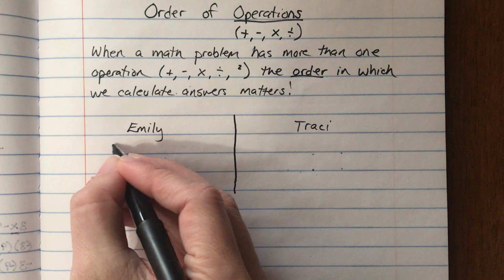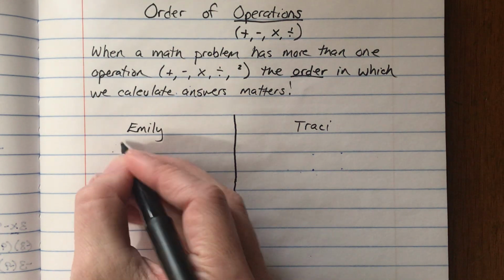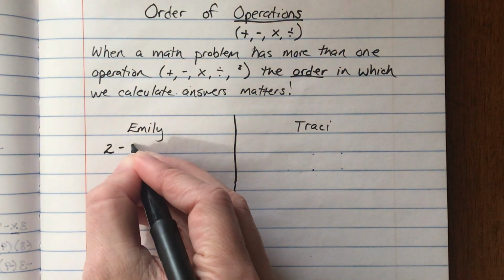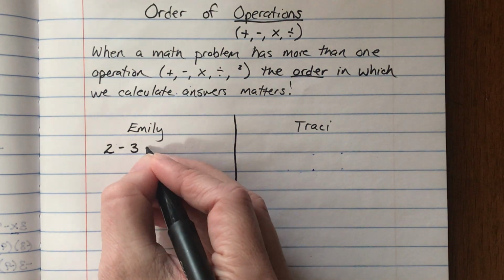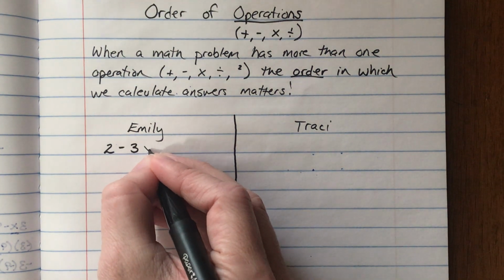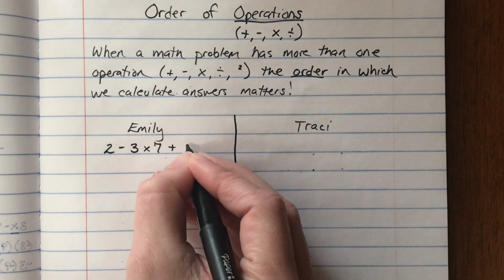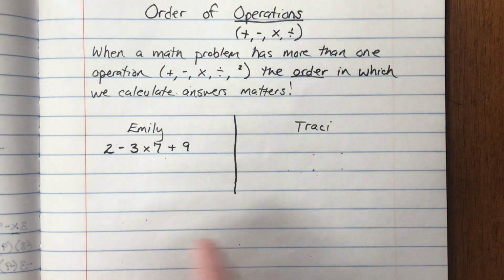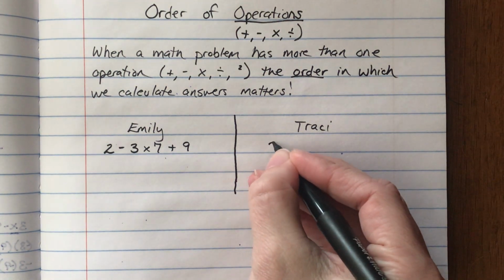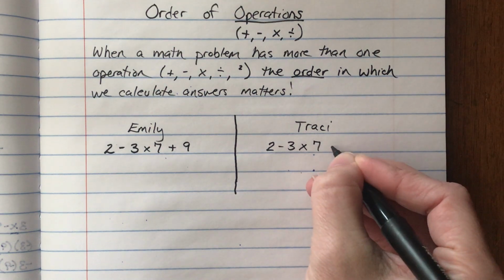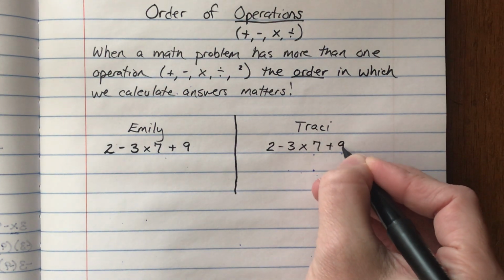Let's say that the problem is 2 minus 3 times 7 plus 9. All right, so let's say that they're working out this problem. So Tracy's going to work out the same problem. 2 minus 3 times 7 plus 9.